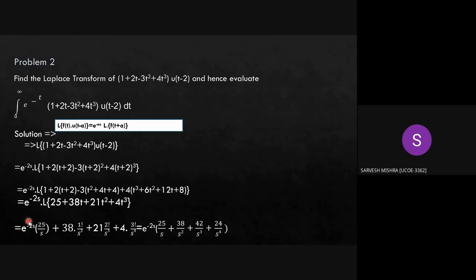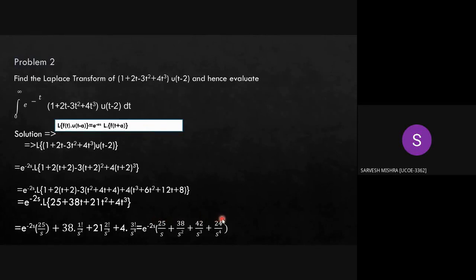So we come to our next step, that is e raised to minus 2s, 25 upon s plus 38 into 1 factorial upon s square plus 21 into 2 factorial upon s cube plus 4 into 3 factorial upon s raised to 4, which is equal to our final answer of the first part, that is e raised to minus 2s (25 upon s plus 38 upon s square plus 42 upon s cube plus 24 upon s raised to 4).